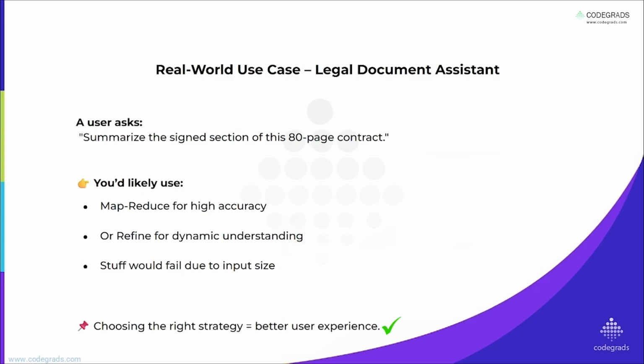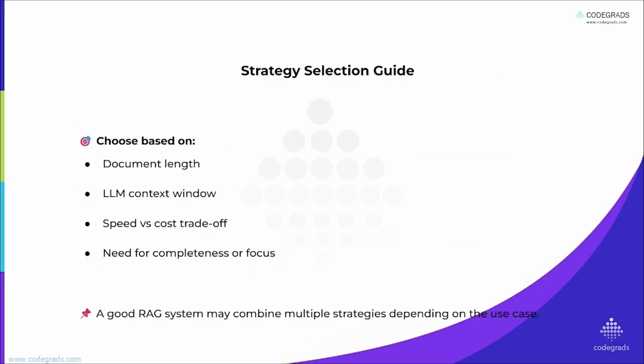We should use the right strategy considering our question, the context window of our LLM, the cost, and how much accuracy we want. Multiple factors are involved while choosing the right strategy. The strategy selection guide is to choose based on document length: what is the document length we are trying to summarize? Then the LLM context window, as we discussed, and the speed versus cost trade-off.